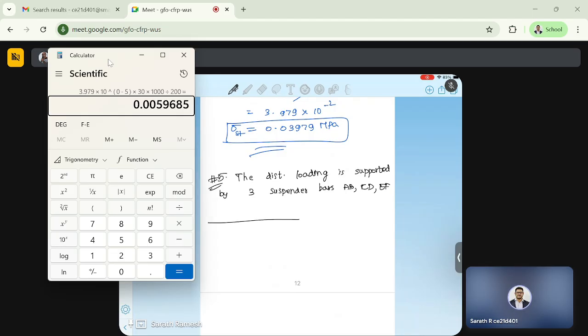So there are three suspender bars here, fixed at this support. There is a bar here, a bar here, and a bar here, and these are fixed to, maybe, a rigid beam.